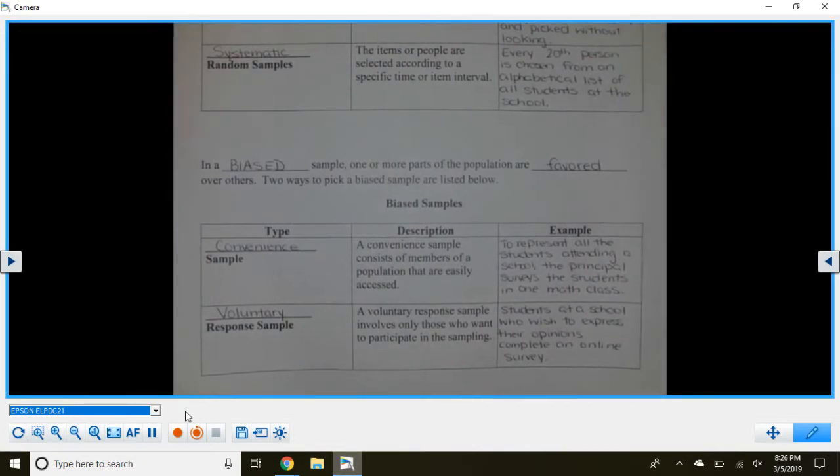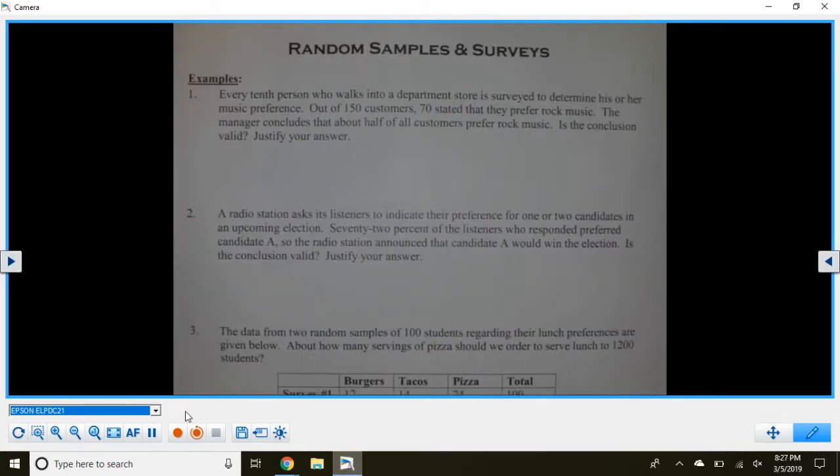Please turn the page. Let's look at the examples together. Example number 1. Every 10th person who walks into a department store is surveyed to determine his or her music preference. Out of 150 customers, 70 stated that they prefer rock music. The manager concludes that about half of all customers prefer rock music. Is this conclusion valid? Justify your answer.